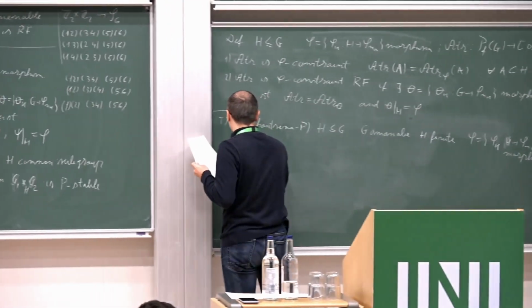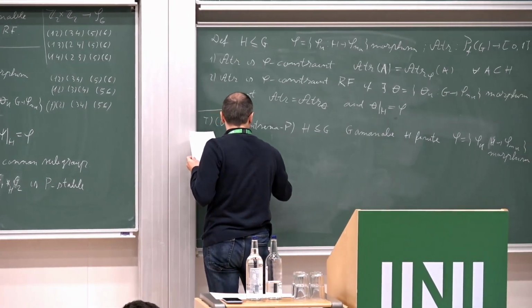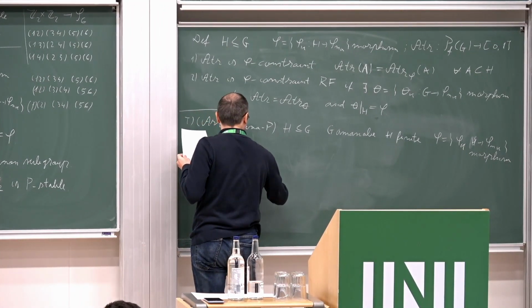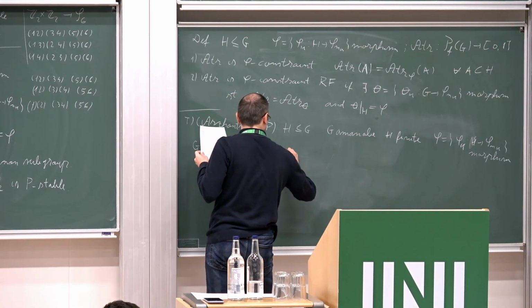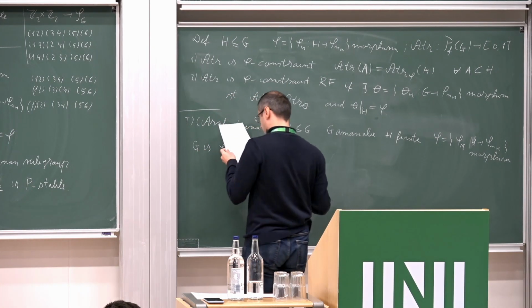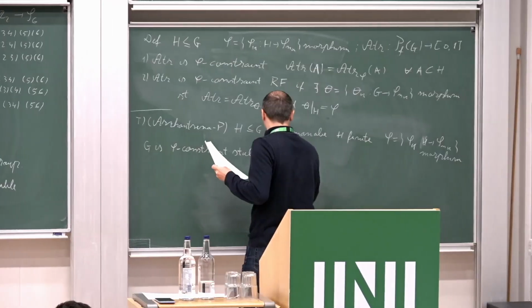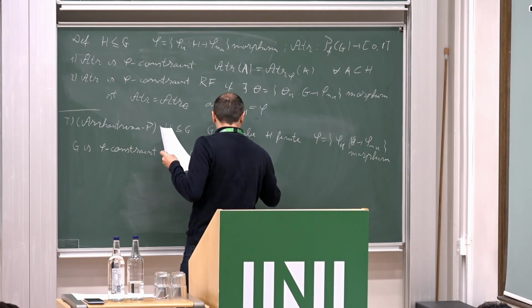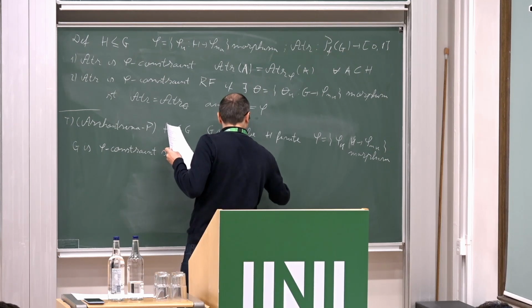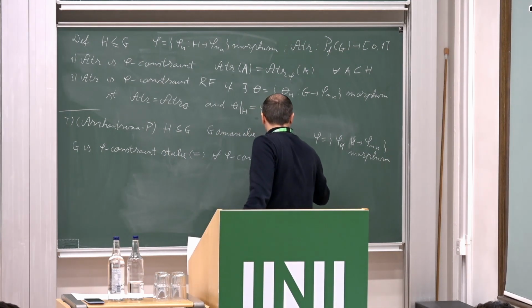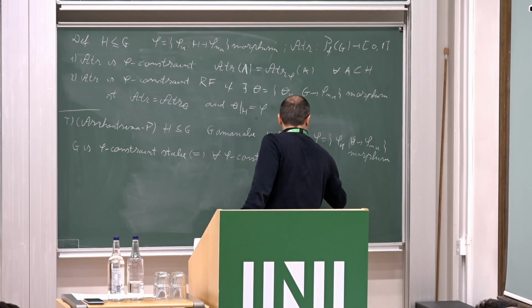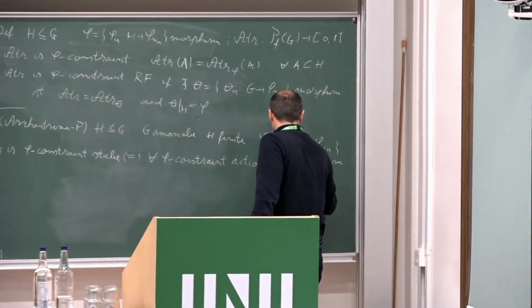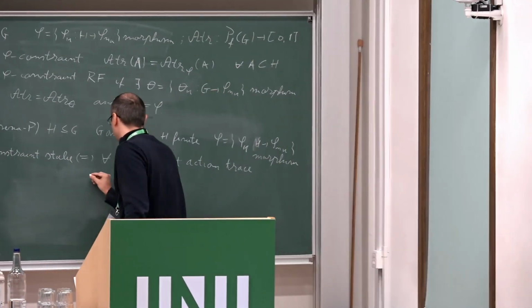Then G is phi constraint stable if and only if any phi constraint action trace is phi constraint residually finite.